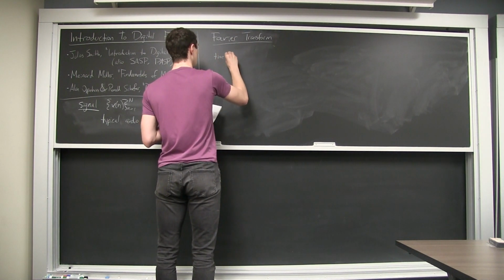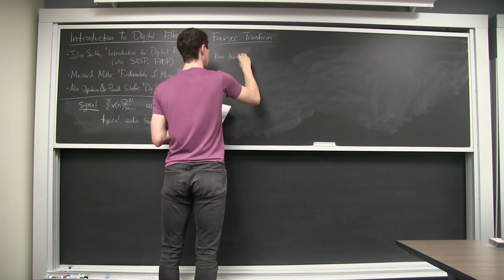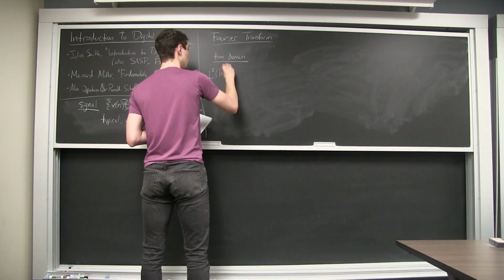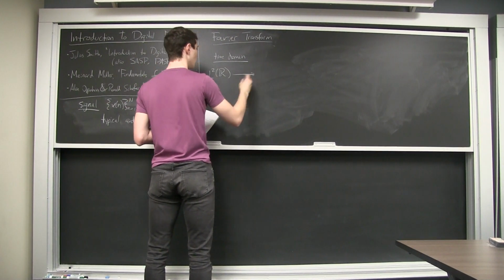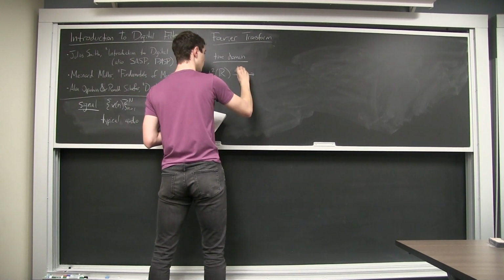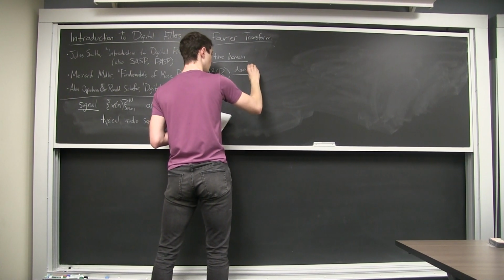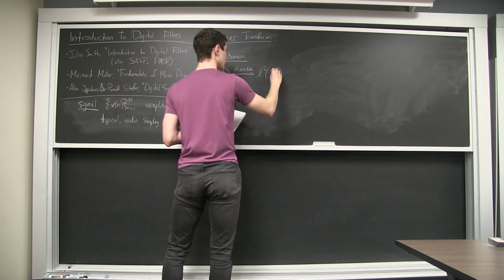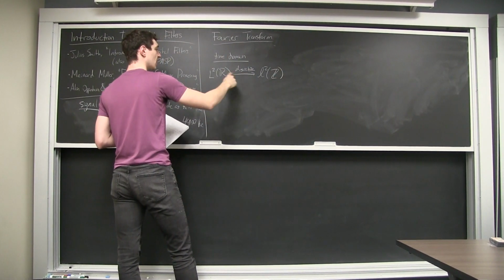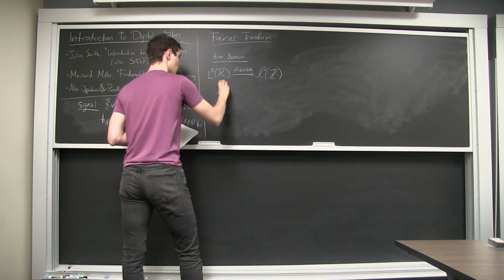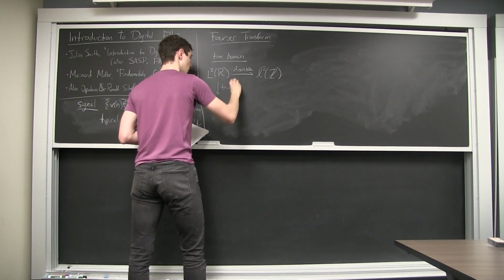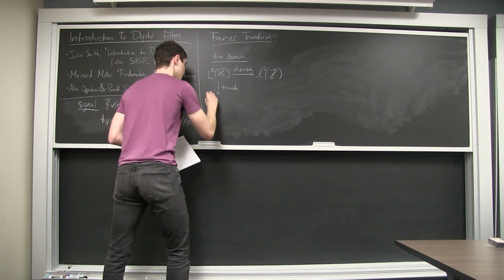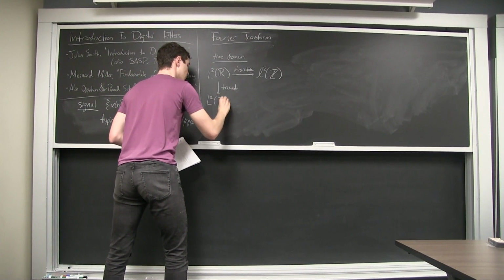On the time domain, typically our functions live in L2 of the real line, but we have to discretize, and this gives us something that lives in L2 of the lattice, if we normalize our sampling rate to 1. In addition to discretizing, we also need to truncate our signal, make it a finite length function, which gives us something that lives in L2 of the torus.